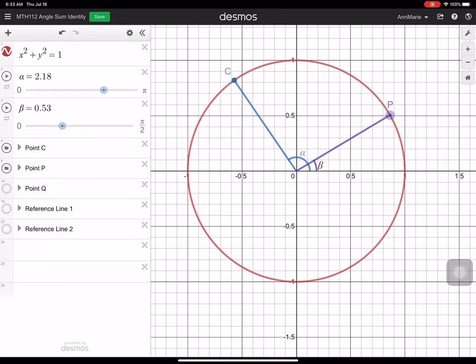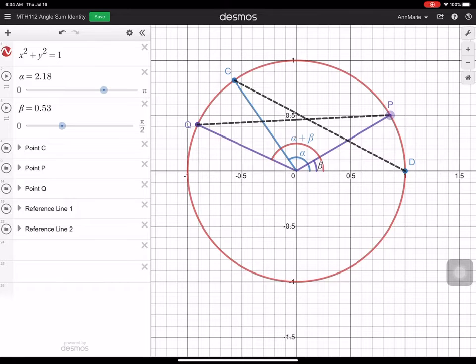Now remember, I'm trying to develop an angle sum identity, so I want to think about the point Q that would be at the angle alpha plus beta. All right, and here comes the geometry. If I think about the length of the line that connects P and Q, that line is the same length as the length of the line that would connect my original point C to the point D on the x-axis.